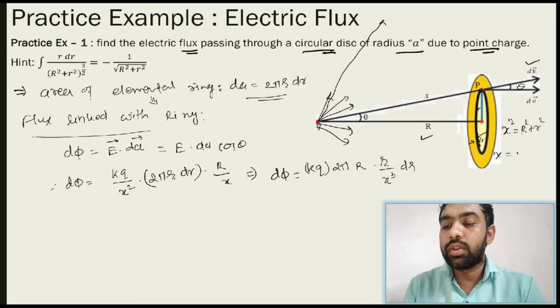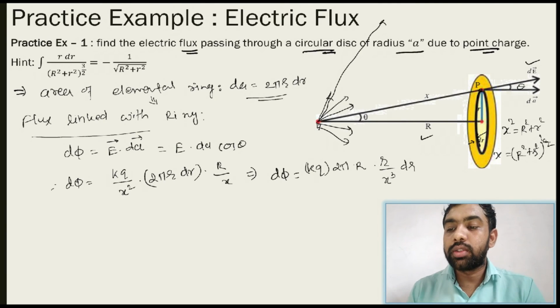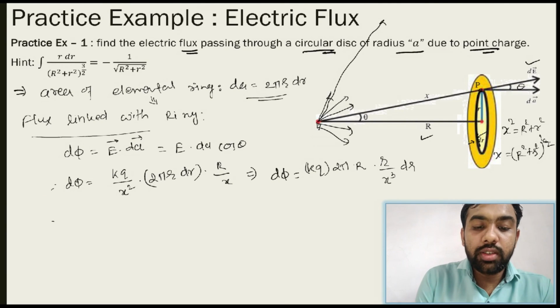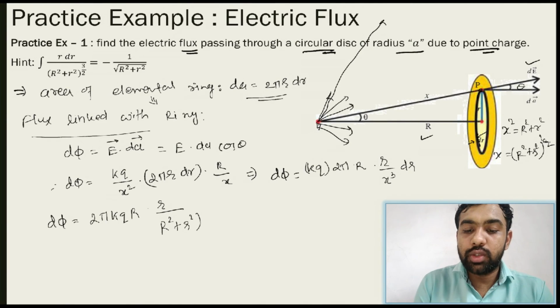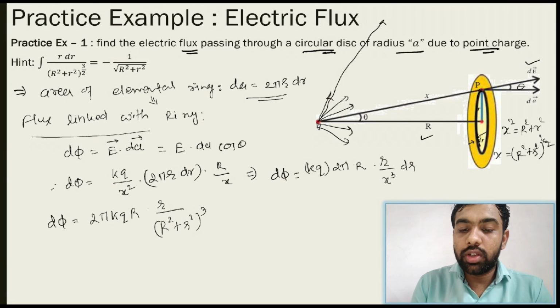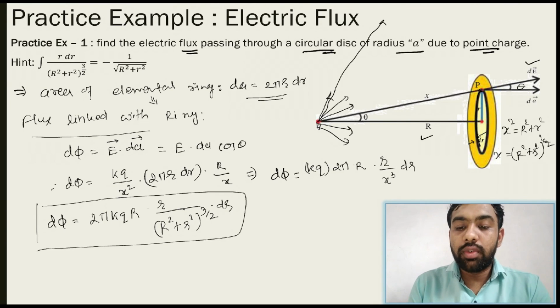So x is equal to r square plus R square raised to 1 by 2. So what is dφ finally? Finally dφ is equal to 2 pi kqR into r upon r square plus R square, the whole raised to 3 by 2, into dr. So this is dφ.